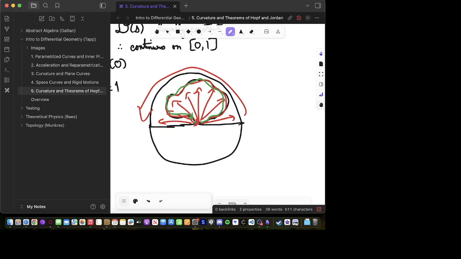So what do the vectors look like at that point? They'll be in this direction. So we basically have sort of vectors going down.